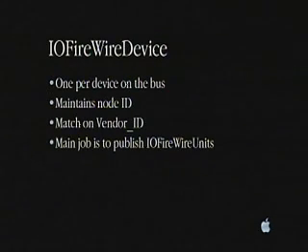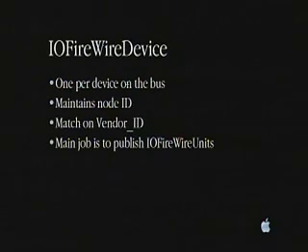I mentioned FireWire device, that this is created for any device on the bus where we are able to read at least the bus information block from the config ROM. There will be one of these per device. FireWire device keeps track of the node ID in a device, which may change from time to time due to dynamic reconfiguration of the bus.